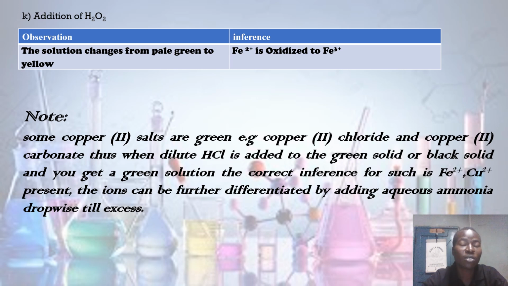You can differentiate and get to know whether it is copper ions or iron 2 ions that are present by adding aqueous ammonia dropwise until in excess. In this case, the only reagent that is going to make us understand whether we have copper ions or iron 2 ions is the ammonia solution.